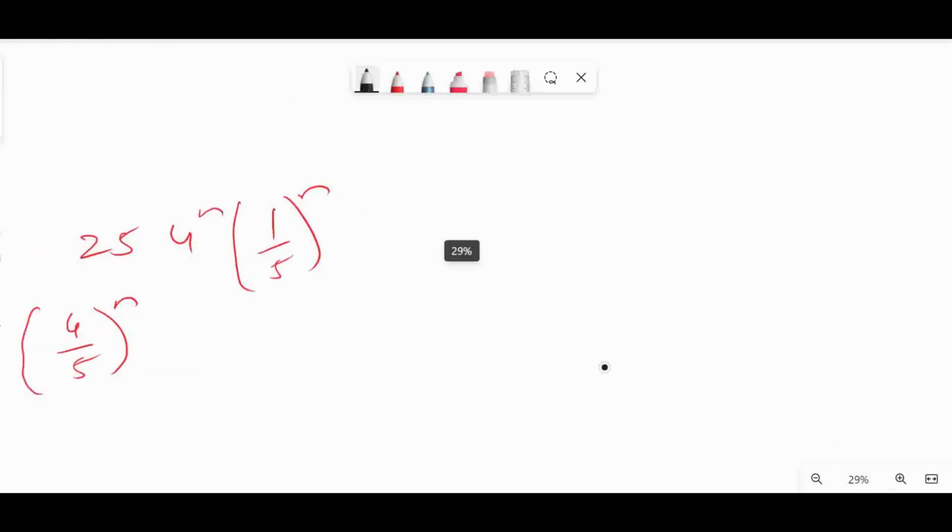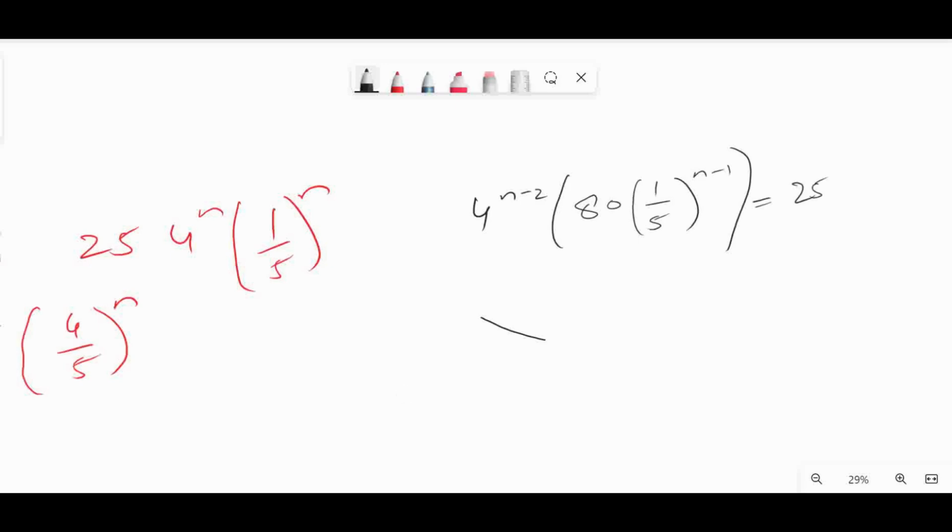We can write it as 4 power n minus 2 times the first term, that was 80 into 1 by 5 whole power n minus 1, is equal to 25 into 4 by 5 whole power n. So this will be the final answer. I hope the concept is clear. Let's move on to the next question.